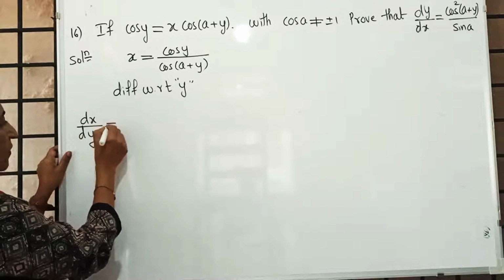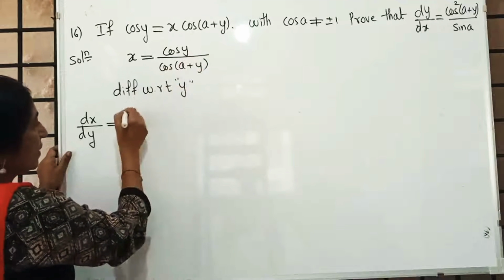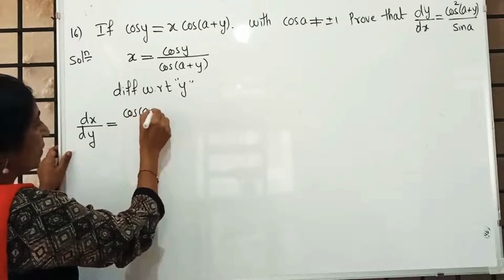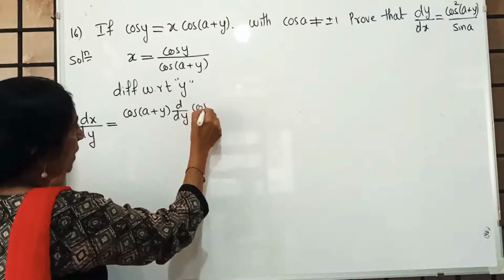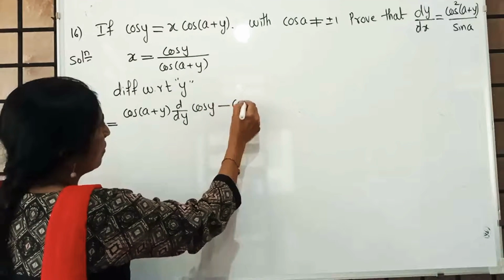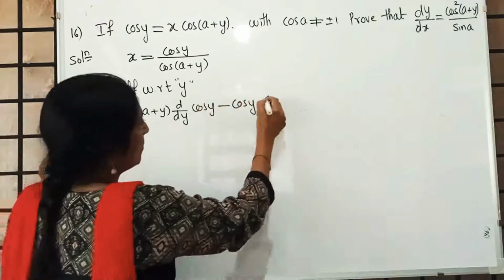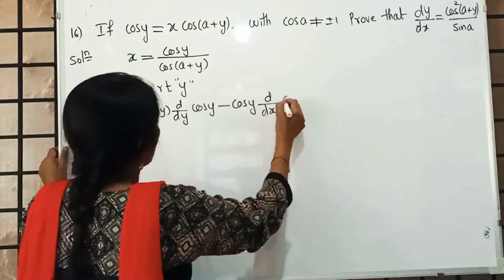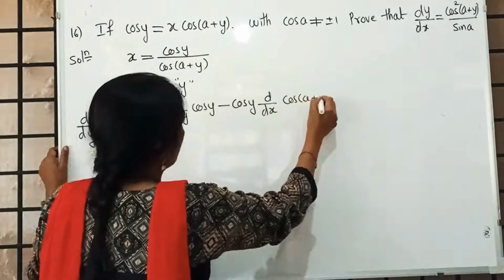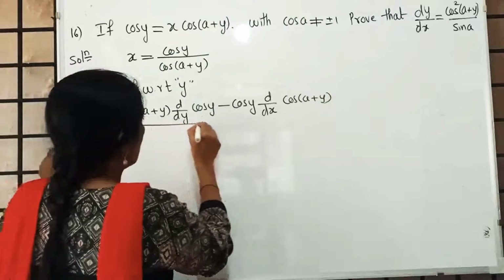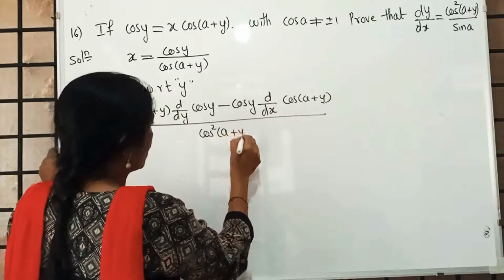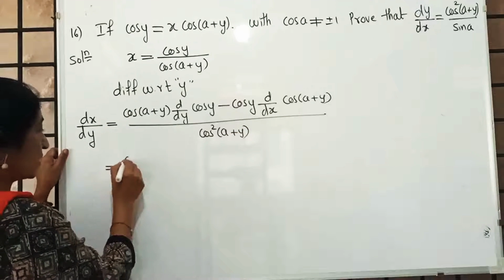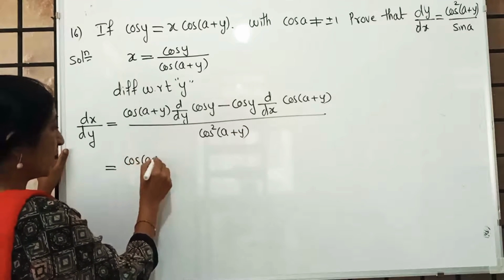dx upon dy is, it is the u by v method. cos (a plus y) as it is, differentiation of cos y, minus cos y as it is, differentiation of cos of (a plus y), whole divided by cos square (a plus y). See, cos (a plus y) as it is.